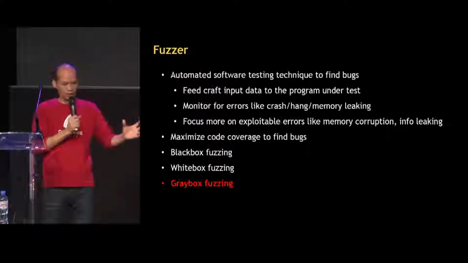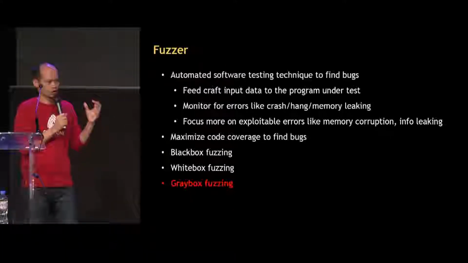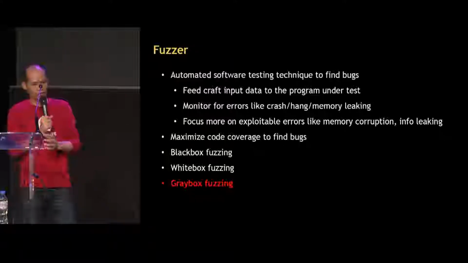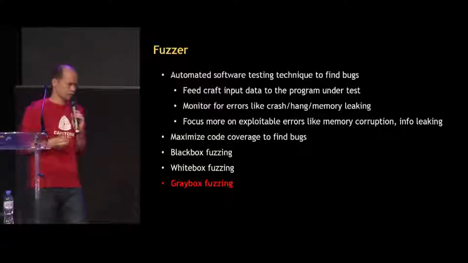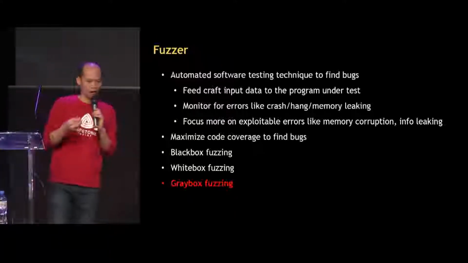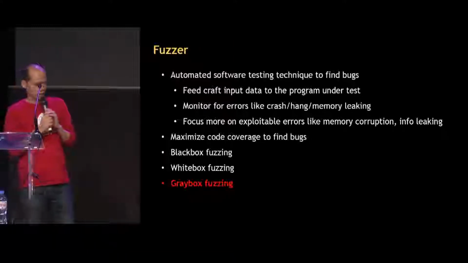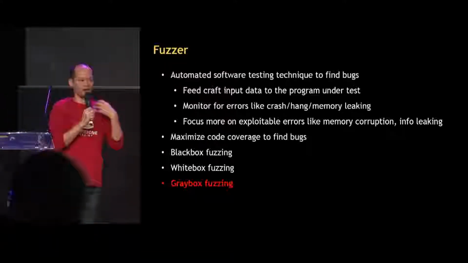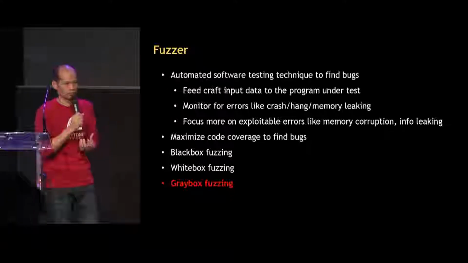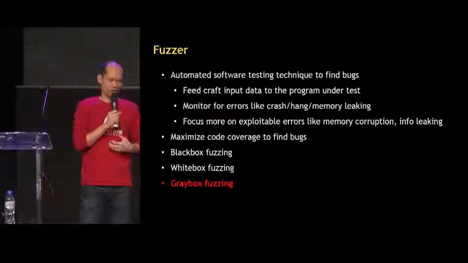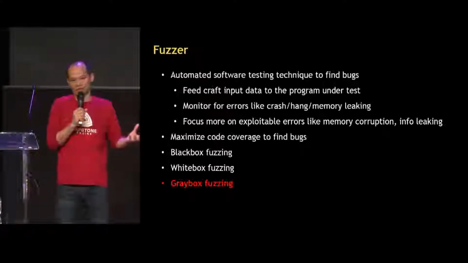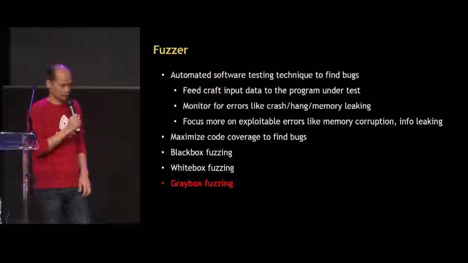At the same time, when the program runs, the fuzzer tries to monitor the program and detect errors like crashes, hangs, memory leaks, and so on. And in case it finds exploitable bugs like memory corruption or information leaks, then you find some vulnerabilities, right?